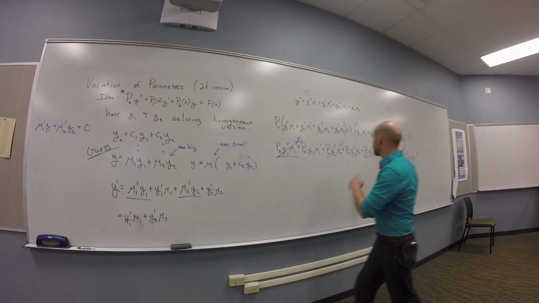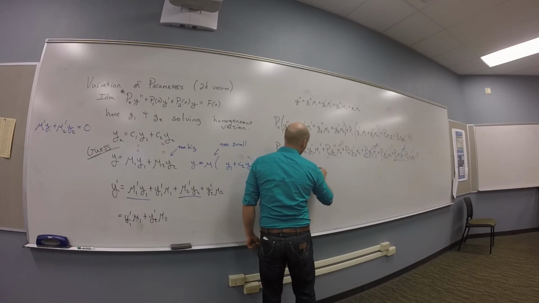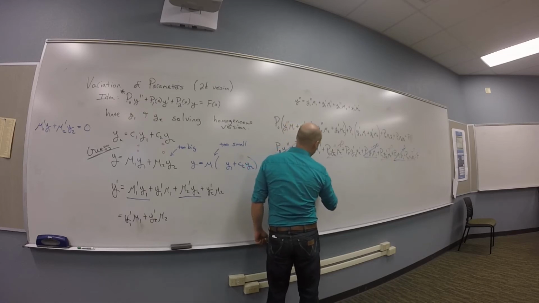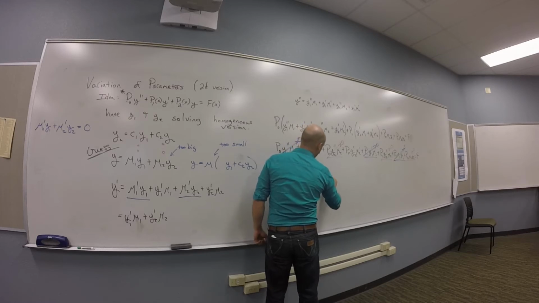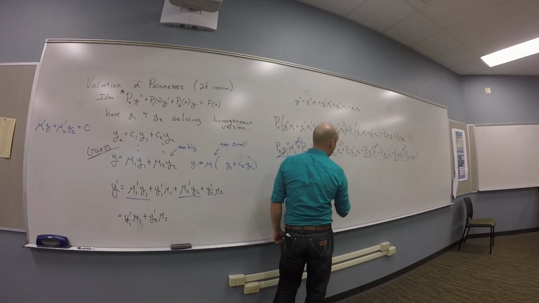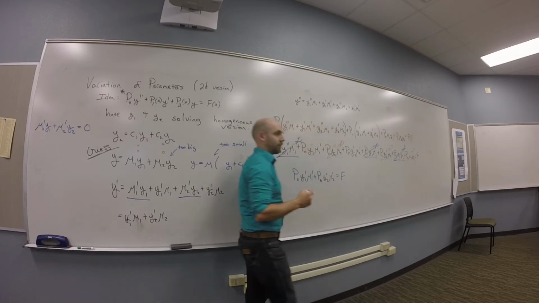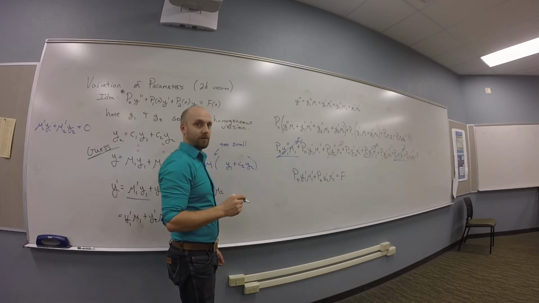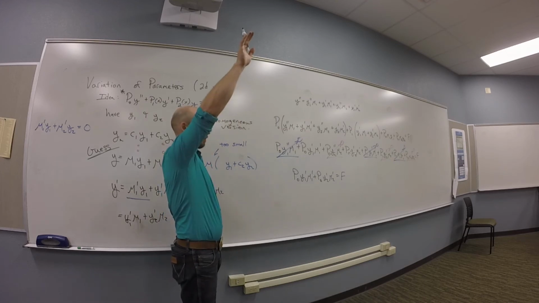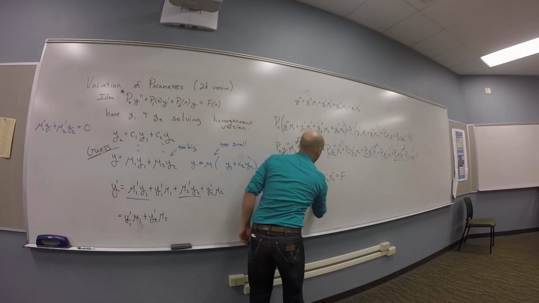So all told, in the end you end up with this equation: P0 y1 prime mu1 prime plus P0 y2 prime mu2 prime equals F. How come your zeros are different colors? Is that two different homogeneous equations?